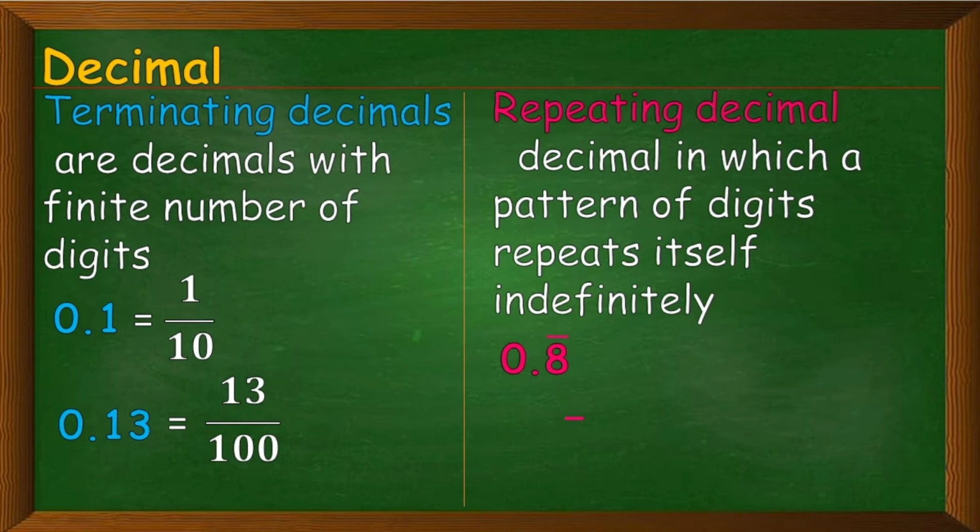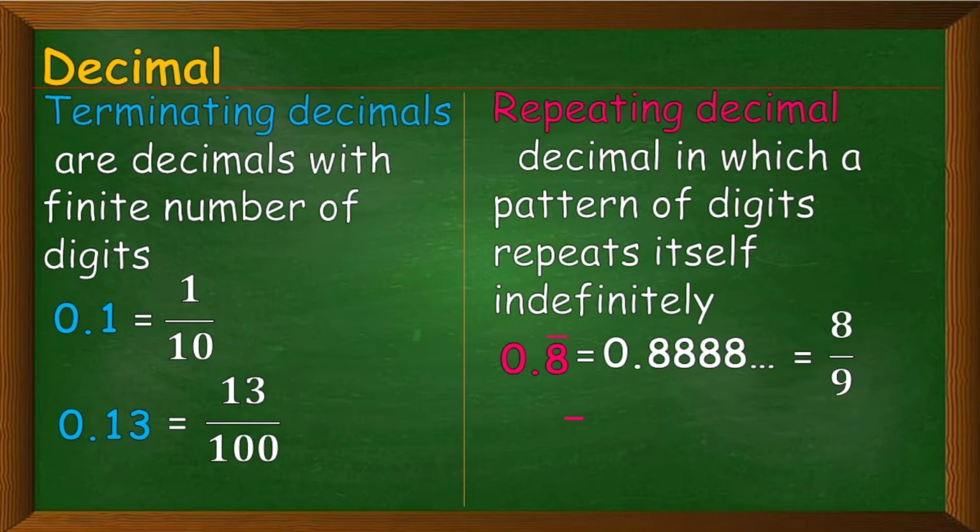So we have 0.888 and we have an ellipsis, which means it is repeated indefinitely. So we can represent this as 8 over 9. How do we get 9 here? We subtract 1 from 10 since 8 is in the tenths place.